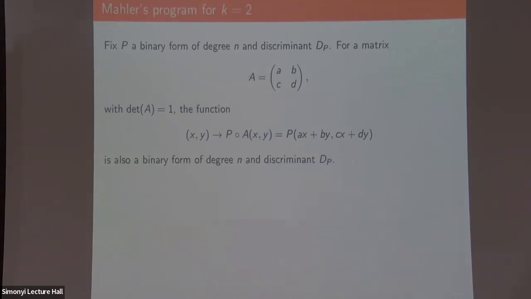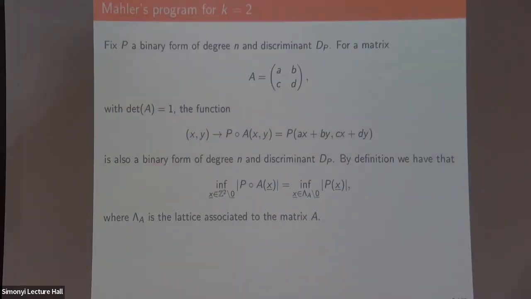So in this case, for any matrix (A, B; C, D) you might choose, if we take this standard composition of P with A, this is also a binary form. And if we take our matrix A to have determinant 1, the discriminant of the binary form will be the same as the discriminant I started with. Okay?